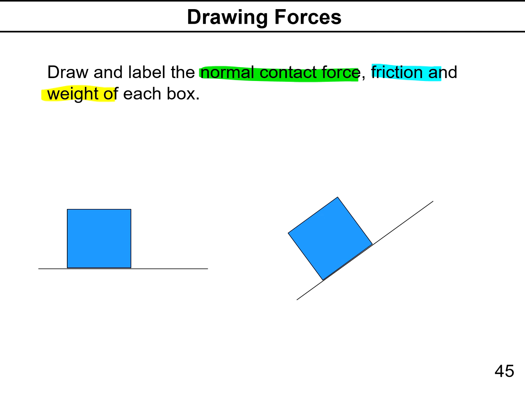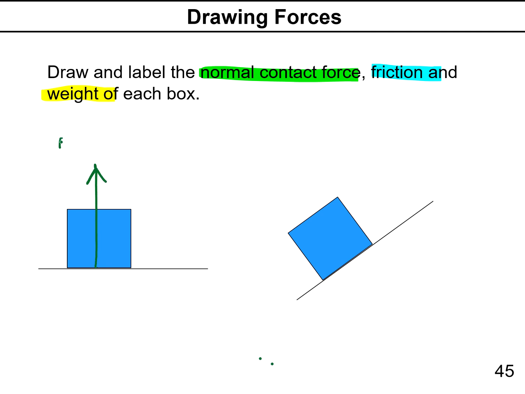The first one, normal contact force. Refer back to your notes. Normal contact force always starts from the contact area and moves towards the object. I'm going to move it a little off the center because later I don't want it to coincide with my weight.